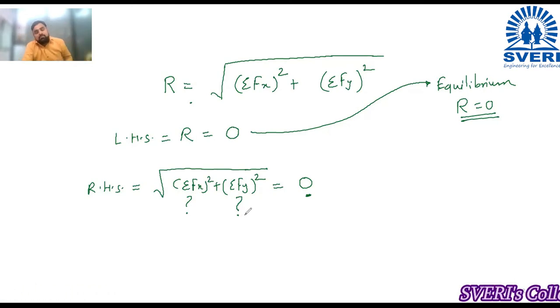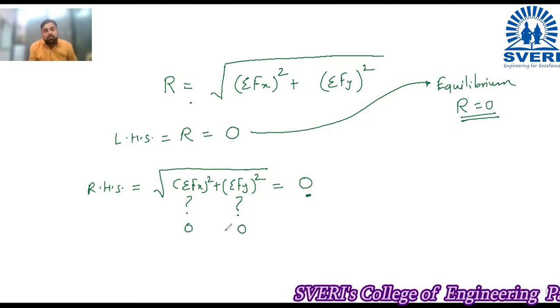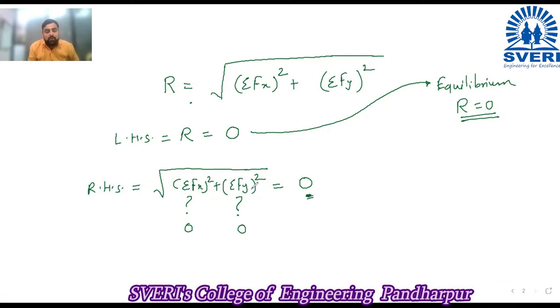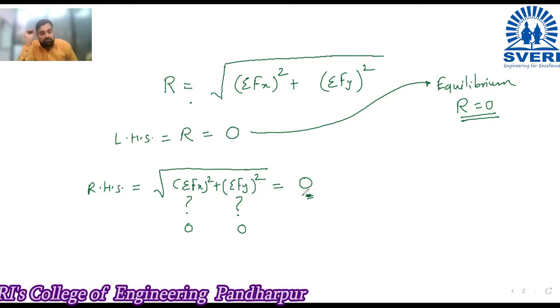The value of fx must be 0 and fy must be 0. Then and then only you will get this value as 0. 0 square plus 0 square म्हणजे 0 plus 0, 0, under root of 0 you will get 0.